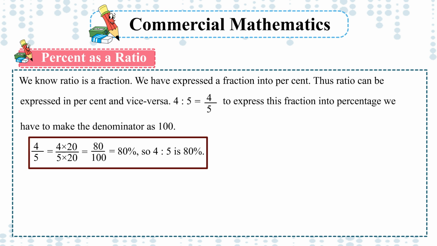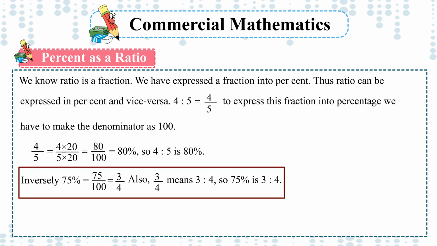So 4:5 is 80%. Inversely, 75% is equal to 75 upon 100 is equal to 3 upon 4. Also 3 upon 4 means 3:4. So 75% is 3:4.